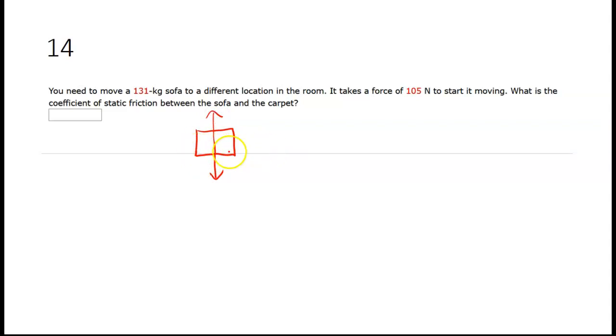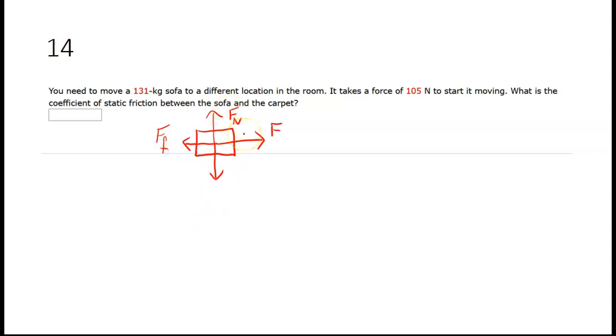The frictional force will be parallel to the surface, so in this case either to the right or to the left, and here we have a force to get something to start moving. So we know that we're applying some force. Let's just say the force is to the right, and let's say there's some frictional force which is going to be to the left, force of friction.